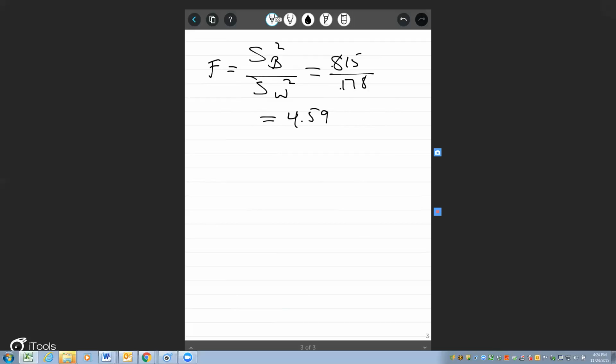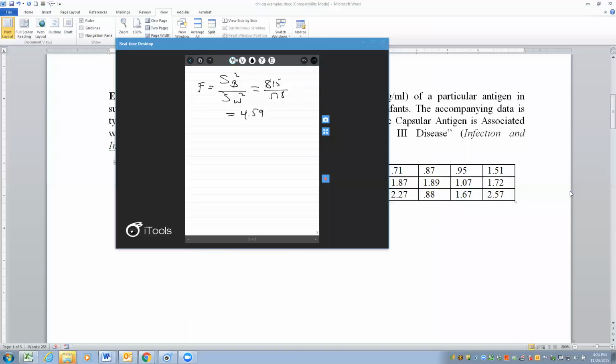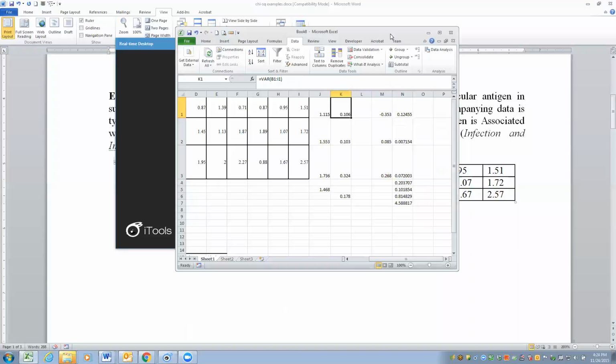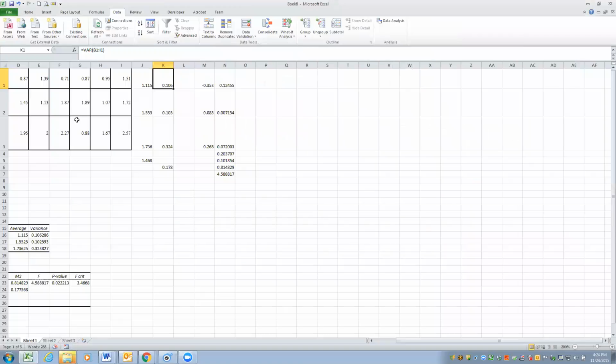So that's our test statistic. And I can get that by doing calculations by hand as well.